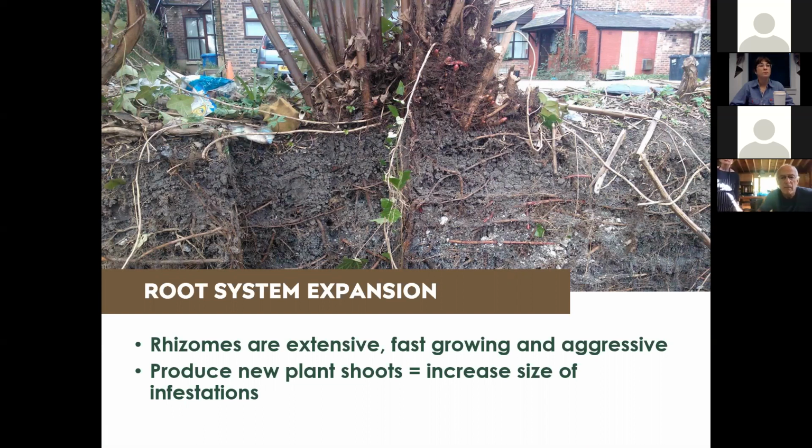As we mentioned earlier, these rhizomes can sometimes extend up to 40 feet away from the stems of the plant. And this is really important for spread of knotweed because these rhizomes can produce new plant shoots. So as those rhizomes spread, 40 feet from the plant, we can see new plants popping up along those rhizomes above the surface of the ground, increasing the size of our infestations.